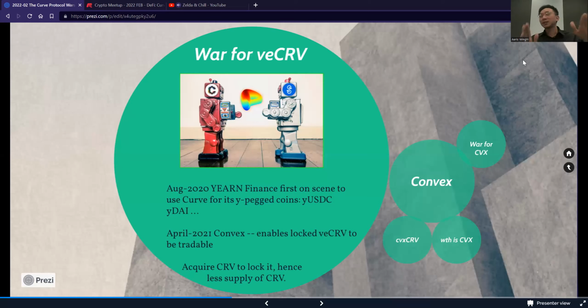Then moving a little forward to April of 2021, just last year, Convex Finance, which is also part of the Curve ecosystem, innovated with VECRV by tokenizing it to the point where instead of locking it yourself, they lock it for you, but now you get to move it around. That was a really big deal, okay?